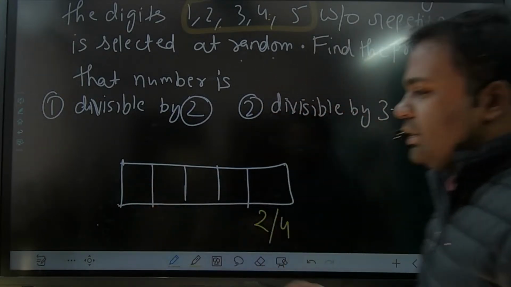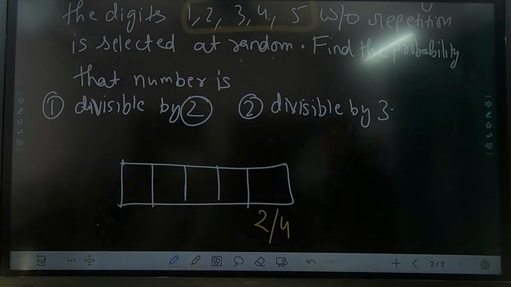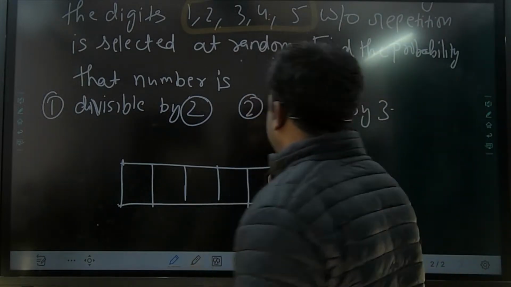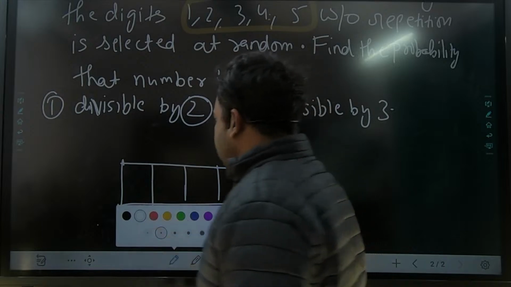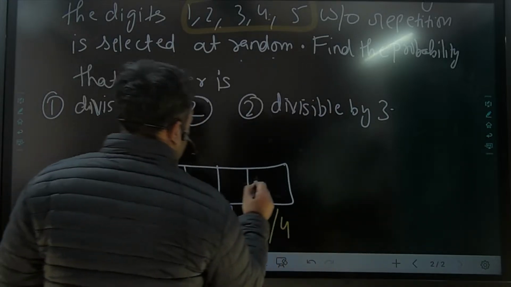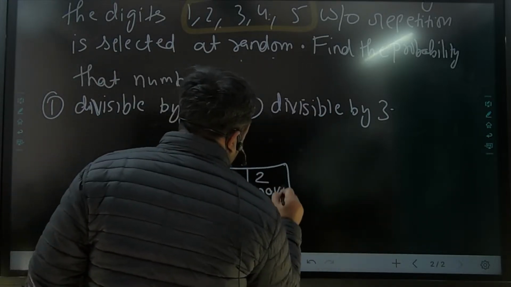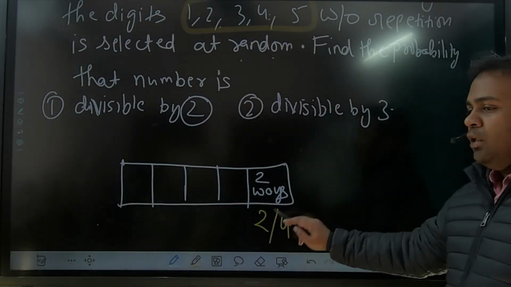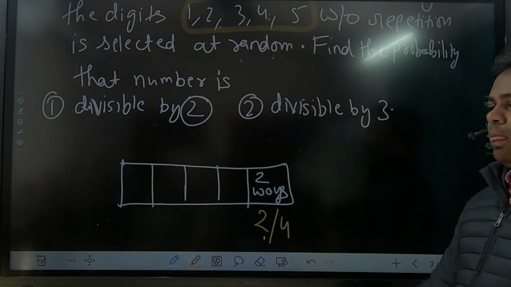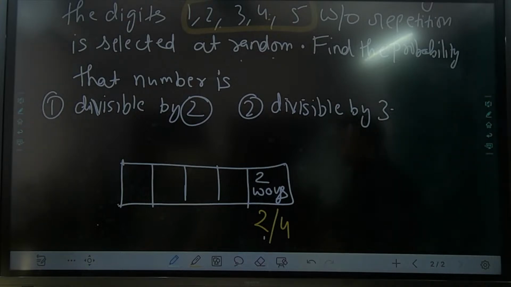You will always see that the number will be divisible by 2. So what are the possible ways to fill this unit place? It's 2 ways only. Either you select 2 or you select 4 and keep it over here. No other number is possible here.